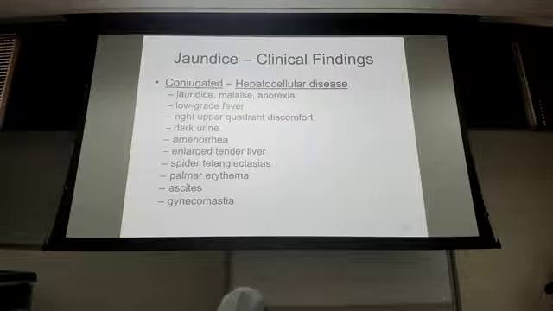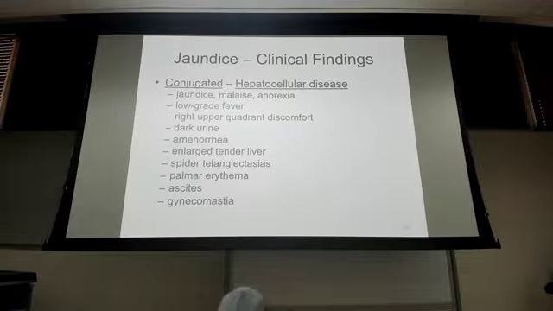Now we'll have dark urine. Amenorrhea can be present. A palpable enlarged liver that's tender. Spider telangiectasis. Palmar erythema. Ascites, and even some gynecomastia.